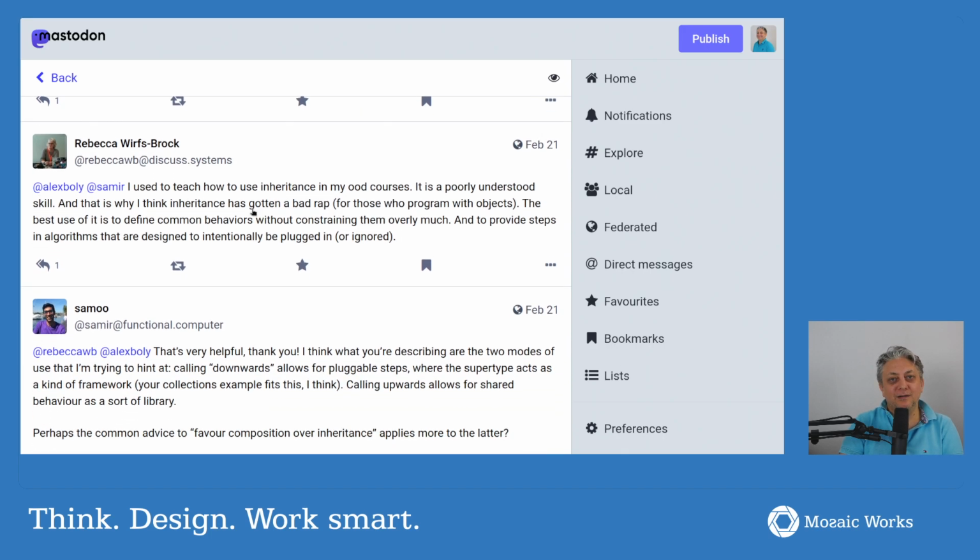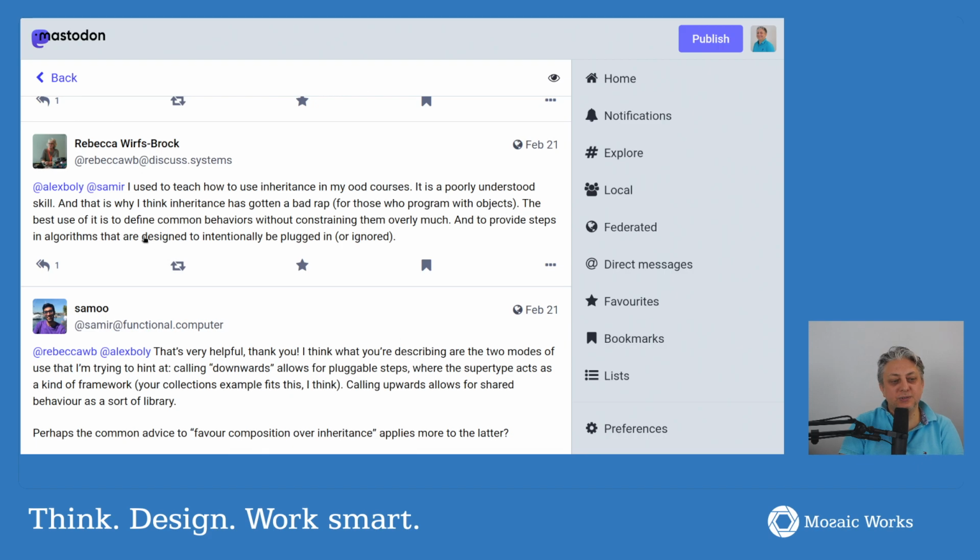And Rebecca, again, a very interesting answer. I used to teach how to use inheritance in my OOD courses, object-oriented design. It is a poorly understood skill. And that is why I think inheritance has gotten a bad rap for those who program with objects.